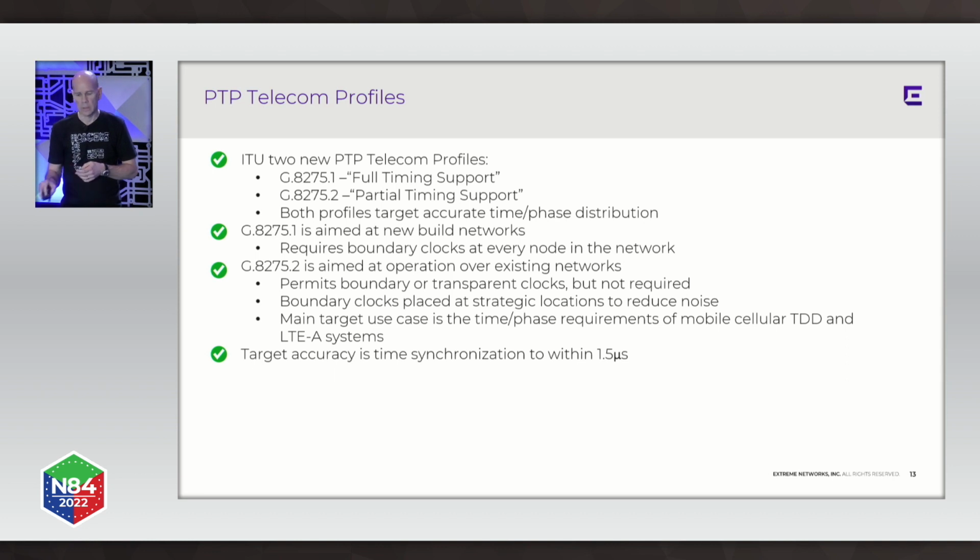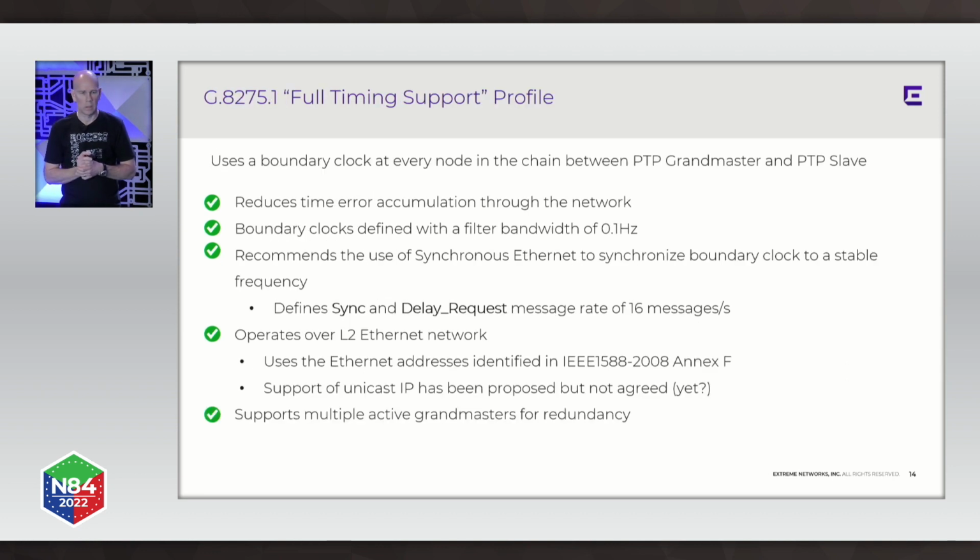And as we heard in the previous presentation, there is a main difference between those two. The 8275.1, the full timing support, does require a boundary clock at every node within your network. Each node within your network needs to have PTP support, supporting boundary clocks.